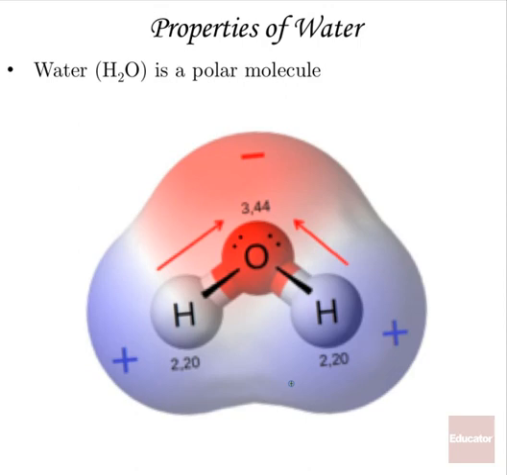All right, so let's move on to the properties of water. First thing you need to know about water is that it's a polar molecule. Which means we have oxygen, which is highly electronegative, bound to hydrogens, which are not very electronegative. So therefore, we have a partial negative charge at the oxygen because it's trying to steal the electrons, and we have partial positive charges with the hydrogens, right?